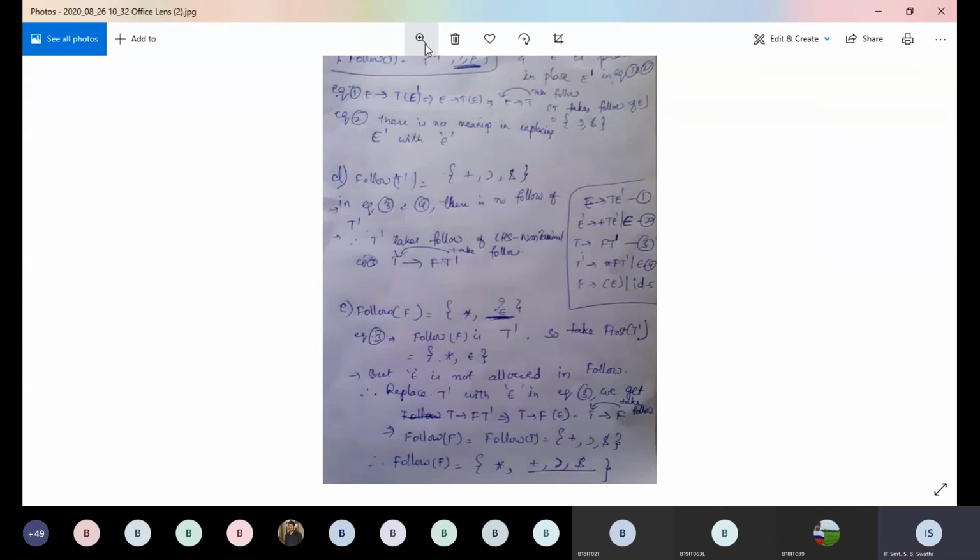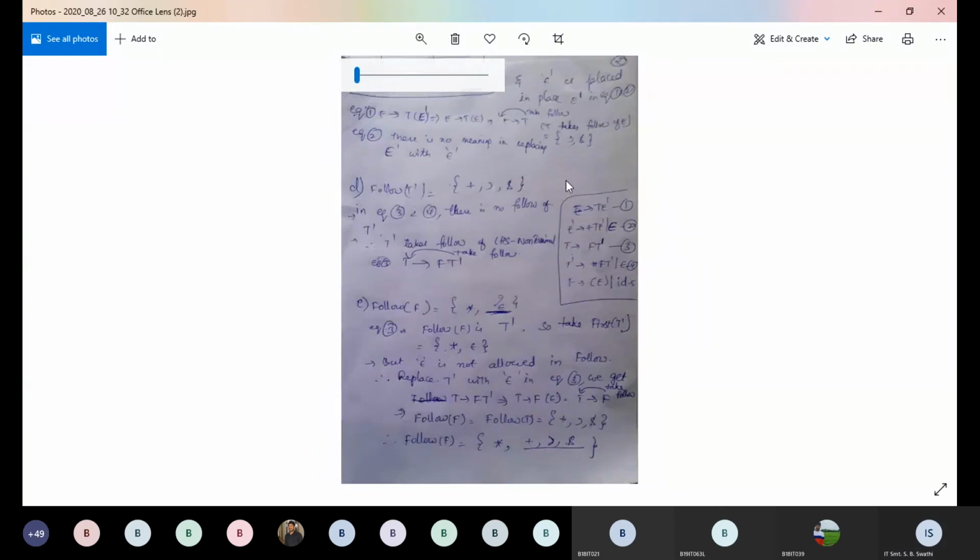Now again, we were having this plus. Plus was there, that was acceptable for this epsilon. So follow of T. When epsilon is there, we were using this E goes to T E dash.